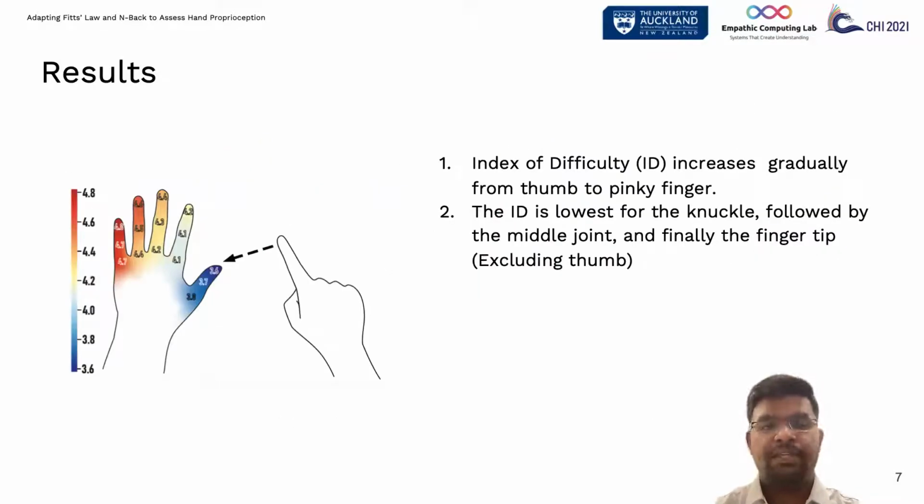When we look at index of difficulty across fingers, index of difficulty increases gradually from thumb to pinky finger. This can be validated by a study which shows that index and thumb fingers have larger activation volume in the somatosensory cortex during an fMRI study. The ID is lowest for the knuckle, followed by the middle joint, and finally the fingertip, excluding the thumb.